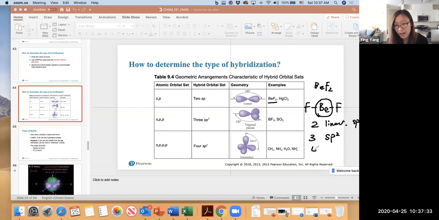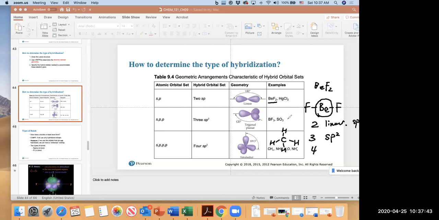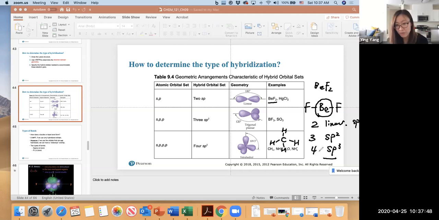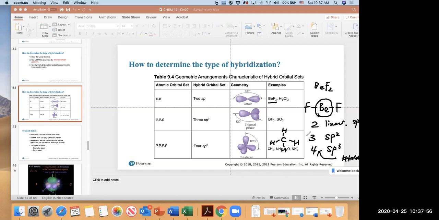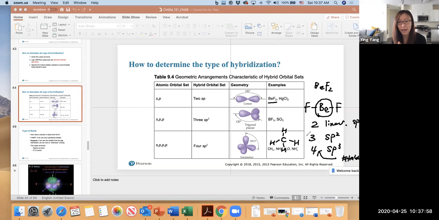Moving on, if you have, for example, carbon, and you draw the Lewis structure, you'd see that the carbon has 4 electron domains. Then we need an sp3 hybridization in order to get 4 domains, and the geometry would be tetrahedral. Okay. This is how to determine the hybrid orbitals.